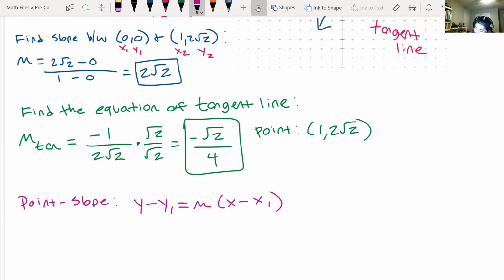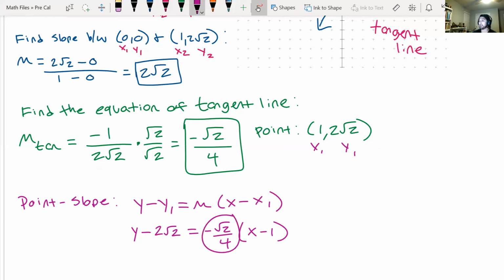So this will be, I'll label it again, x1, y1, and we're going to get y minus y1, which is 2 square root of 2, equal to m, my slope, negative square root of 2 over 4, times x minus x1, which happens to be 1. I have plugged in all my components, and now all I have to do is solve for y.